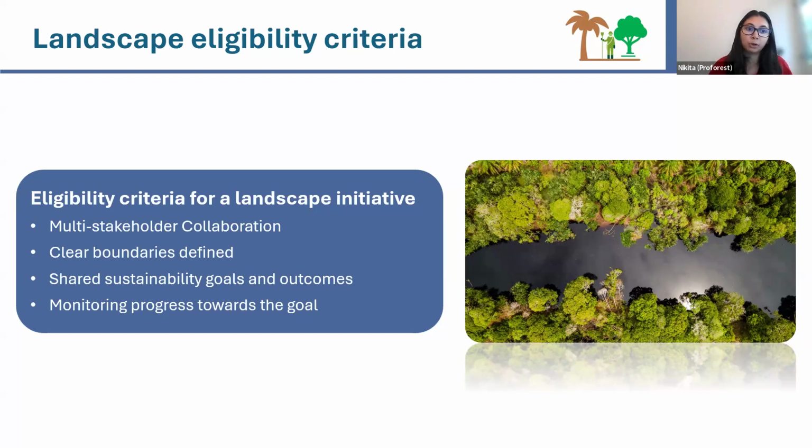We are requiring some amount of clear boundaries defined and linked to jurisdictions. And we require that the landscape initiative has defined sustainability goals and outcomes at the level of the landscape, as well as some amount of monitoring of progress towards the shared goals and outcomes.